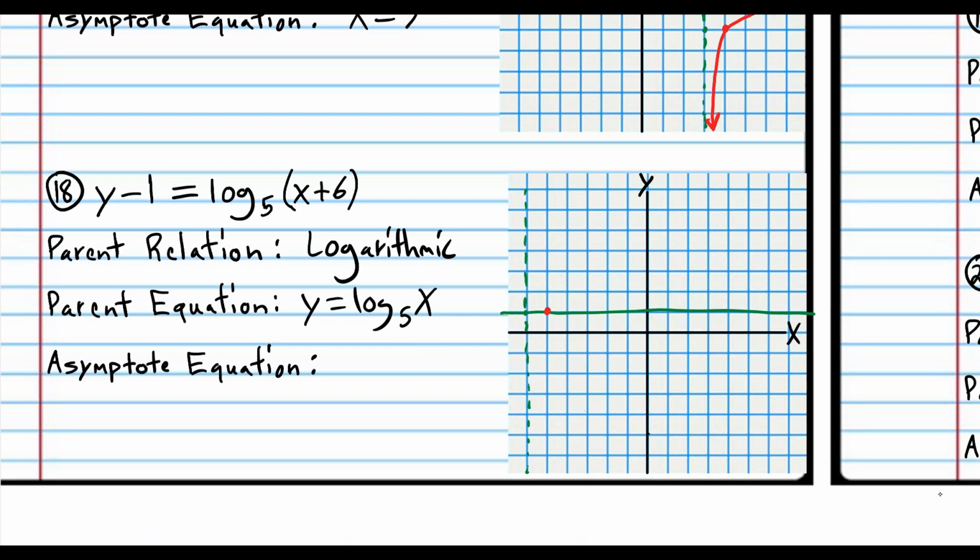(1, 0) is always a point, and we're going to need to plug in 5 for x because that's the base. Remember, when those numbers are the same, you just get 1 for the logarithm. So we're going to go 1, 2, 3, 4, 5, and 1 for the logarithm value. The next number you'd have to plug in would be 25, because 25 is 5 to the second power.